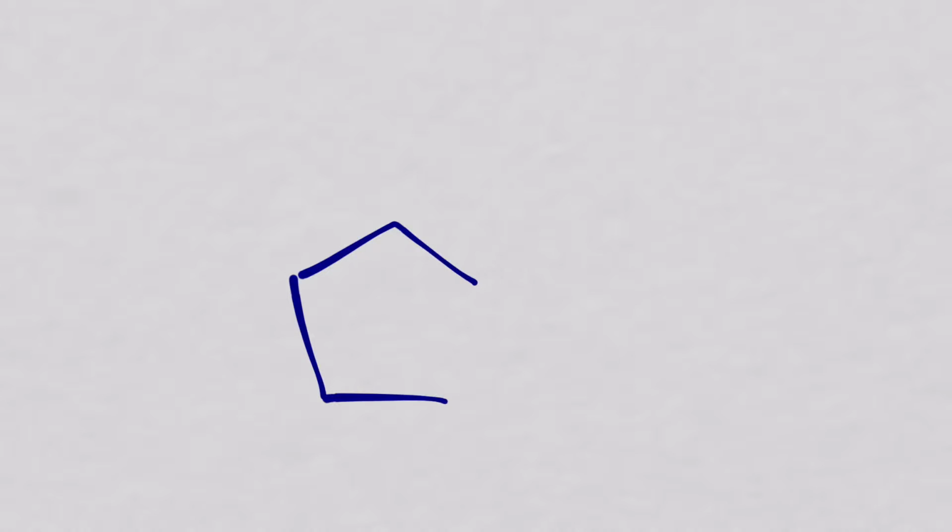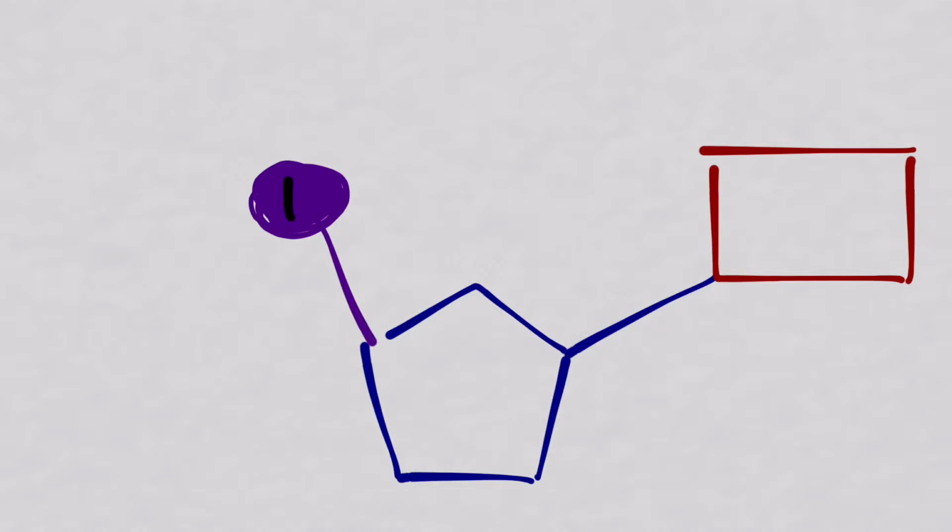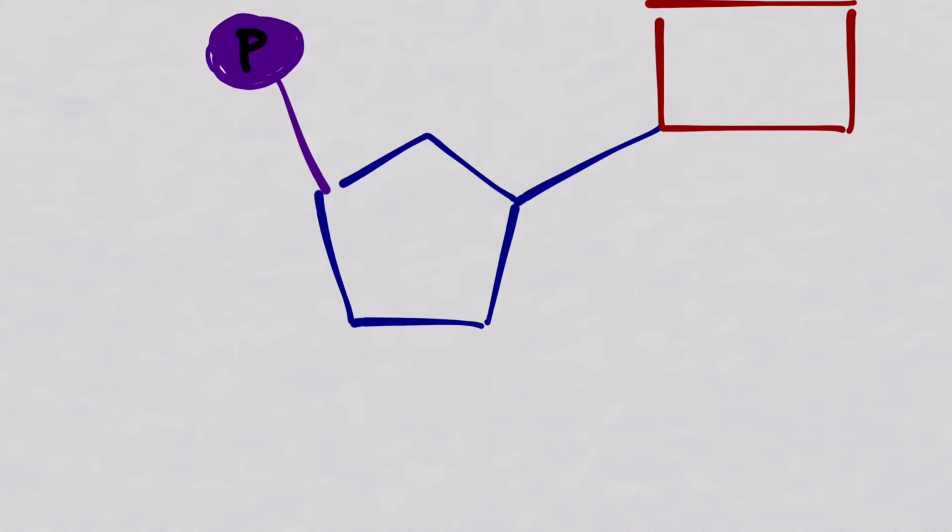Okay, so this is the basic structure of every DNA molecule. So here we go. This right here is a phosphate group.